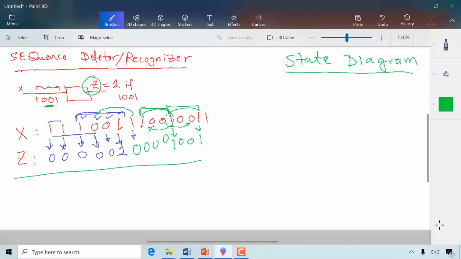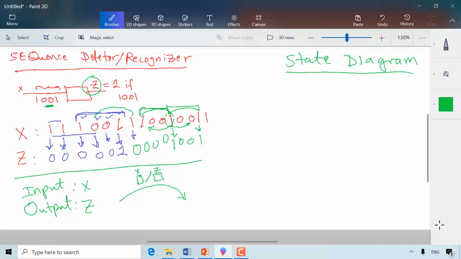Well, in this circuit, my input is X, and my output is Z. You will see me label the arcs from a state to a state with something like this slash this. This will be X, this will be Z.